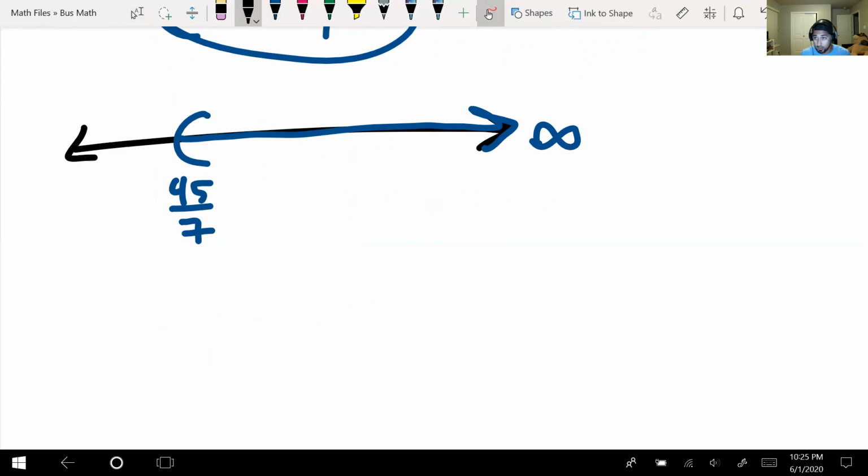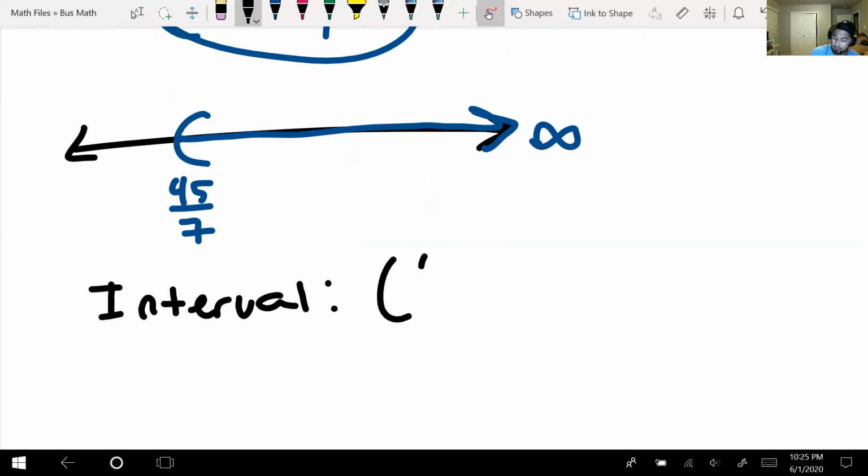And if you did not know, the interval notation would be 45 over 7 to infinity.